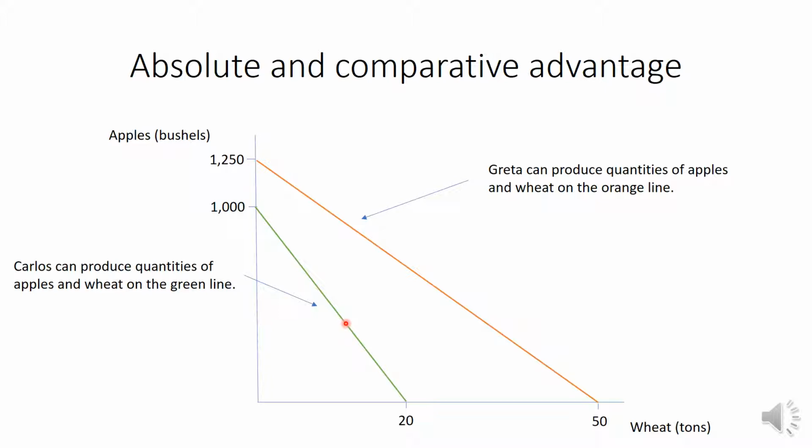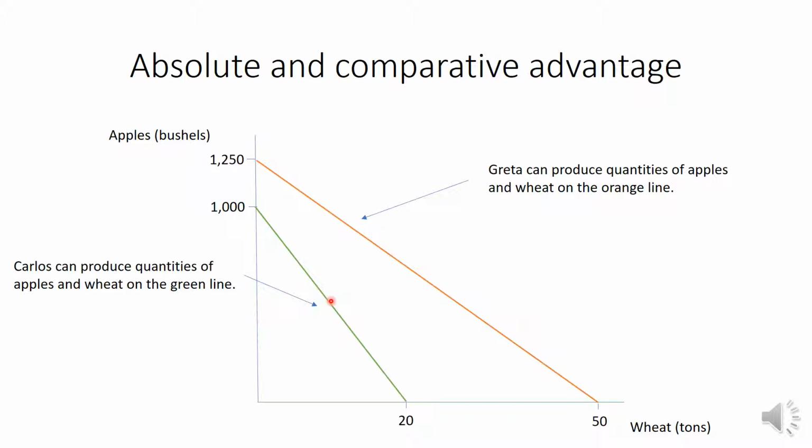And points on those lines show different combinations of apples and wheat that each of Carlos and Greta can produce on their farms. So Carlos can produce any combination of apples and wheat on the green line. Greta can produce any combination of apples and wheat on the orange line.